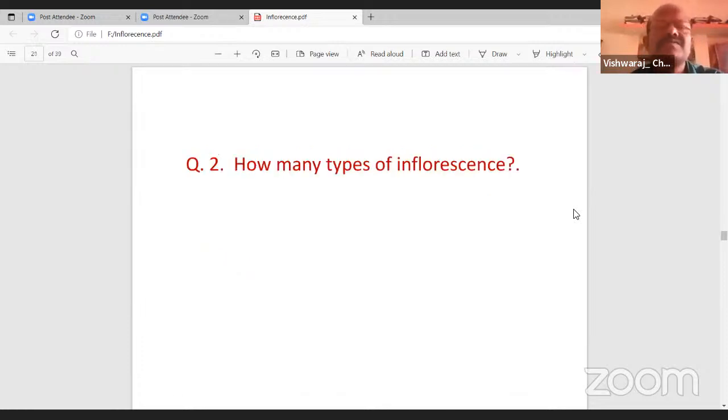And second question, how many types of inflorescence?